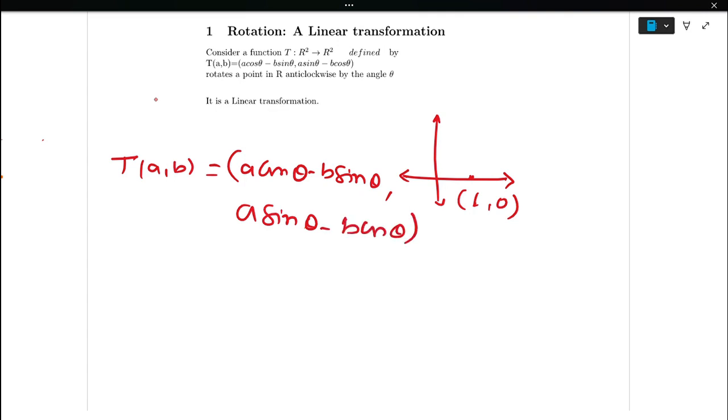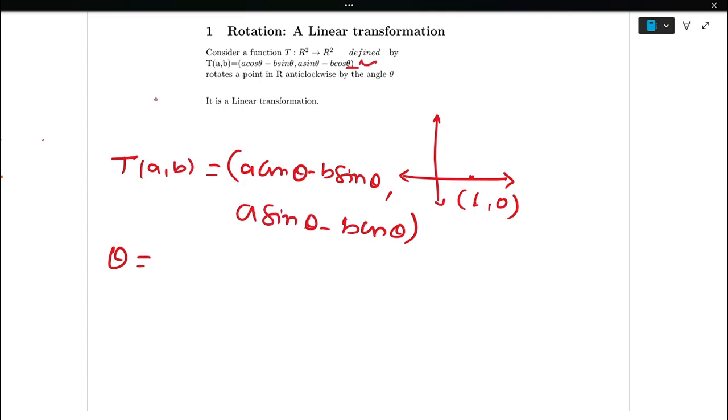Here theta is fixed in a given linear transformation; if we take another linear transformation, then theta will change.